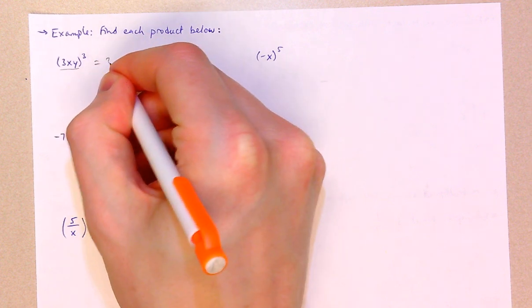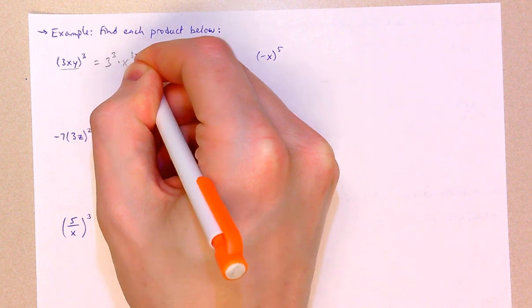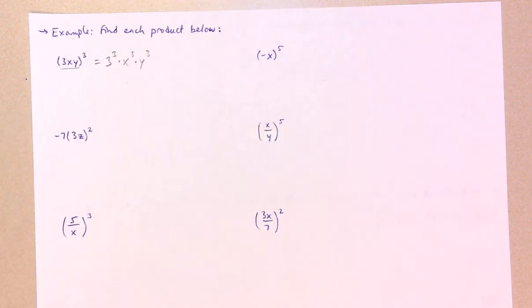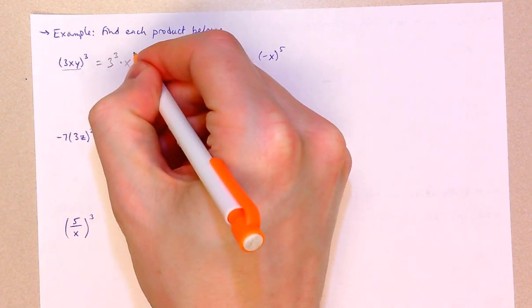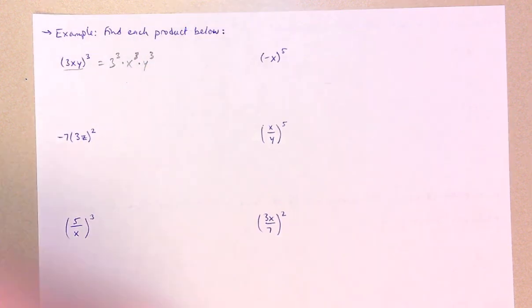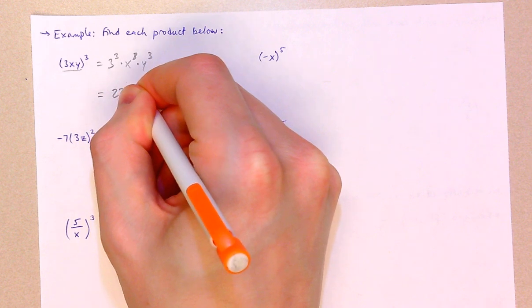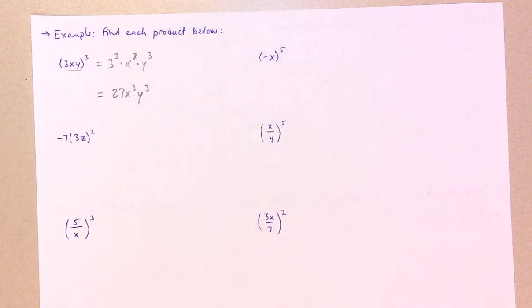So this is the same thing as 3 cubed times x cubed times y cubed, or raised to the 3rd power. Cubed is saying the same thing as raised to the 3rd power. So 3 cubed, 3 times 3 times 3, is 27. And then we have x cubed, and then y cubed.